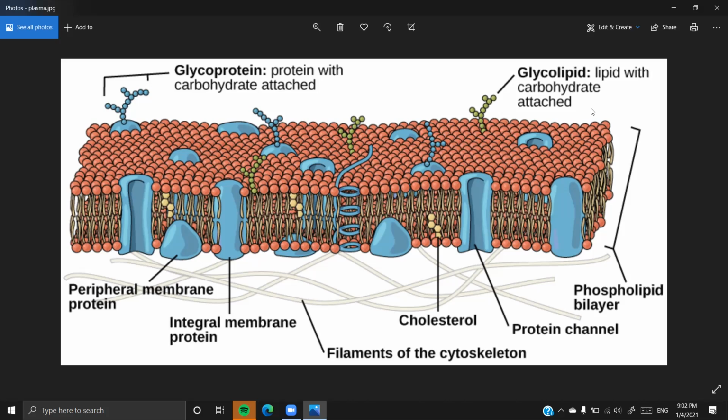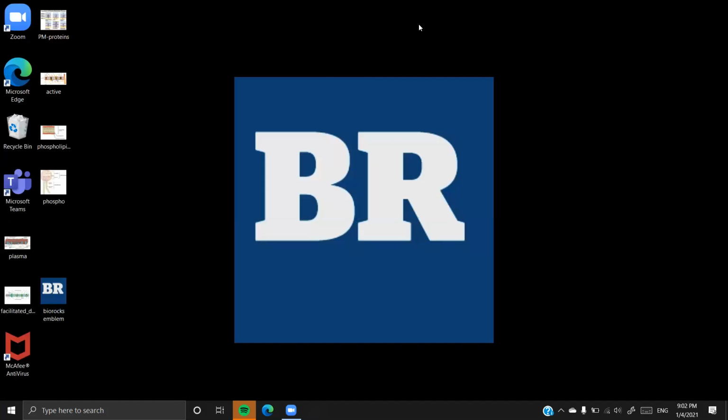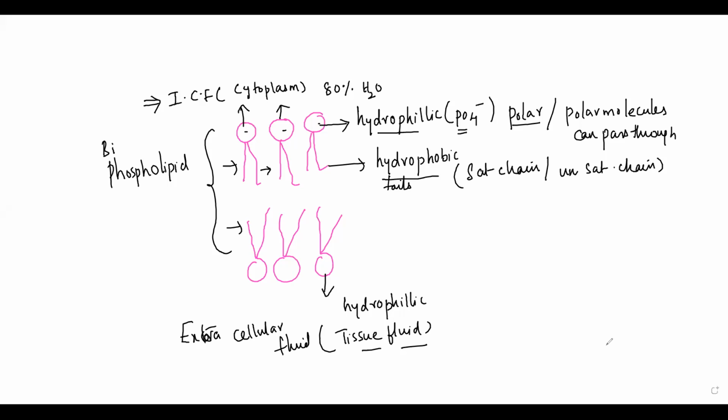So we will speak all about, so just remember these all are the things which are making your bilipid layer a mosaic model because of all these mixtures, children. So now let me come into the details of this. Now I'll be entering from one to the other. So the first thing that you can see is the mosaic model.